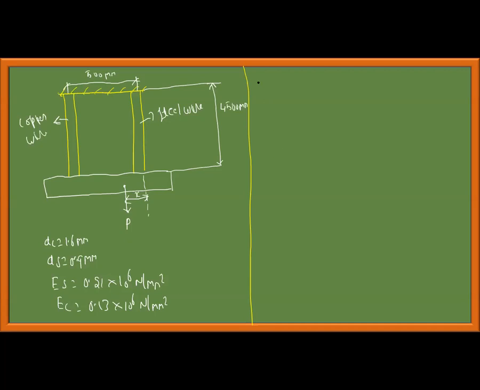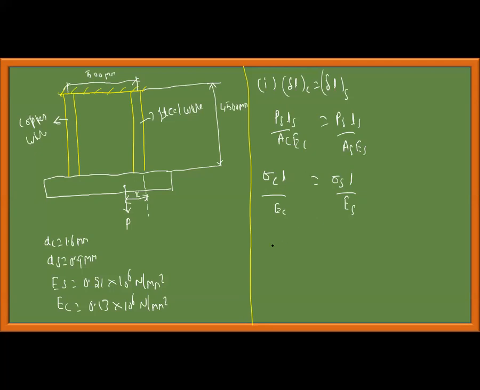Since it is a composite section and in parallel combination, we can write deformation in copper is equal to deformation in steel. I can write PL by AE of copper is equal to PL by AE of steel. Or sigma, L remaining the same, sigma C by Young's modulus of copper is equal to sigma S by Young's modulus of steel.